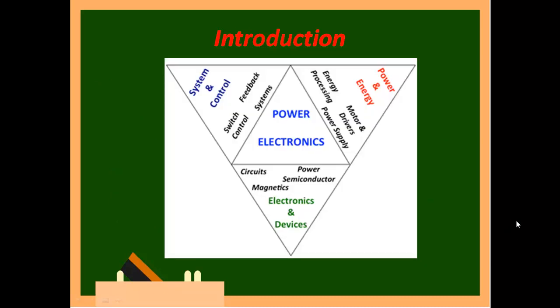In the power and energy sector, you can drive motors and do power supply processing. Electron devices here means power semiconductor devices, circuits and magnetics, and for system and control, I will use it for various control of my application. All this put together forms power electronics.